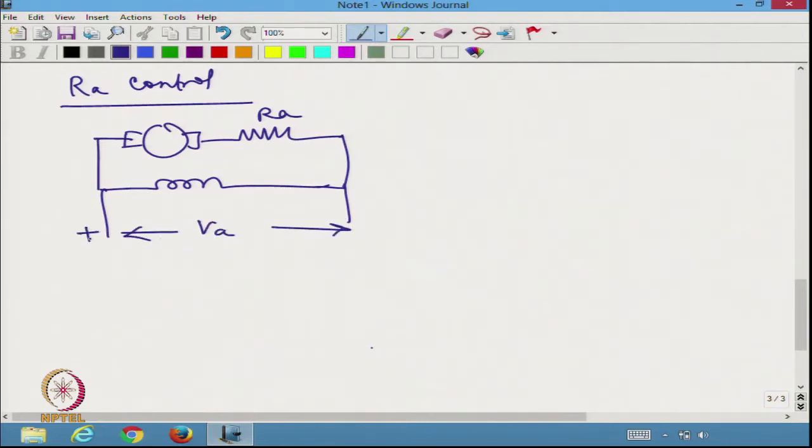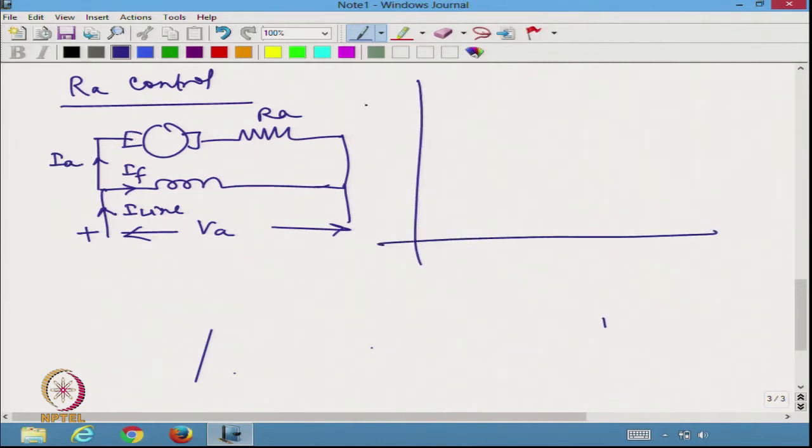This is plus. So I am going to have an overall current, which is the line current, flowing here; part of it goes as field current, and the rest of it goes as the armature current. If I try to plot the speed torque characteristics, this is omega, this is TE.